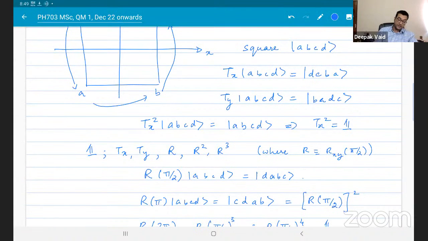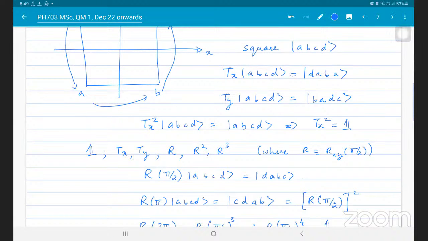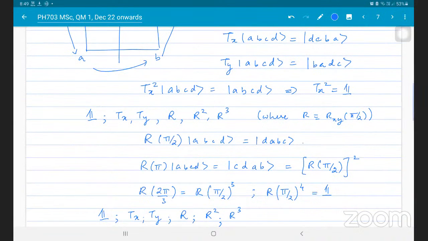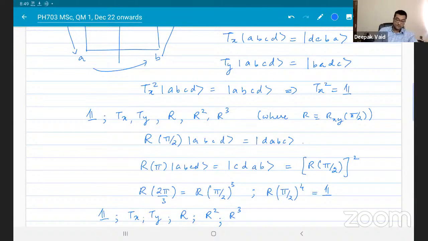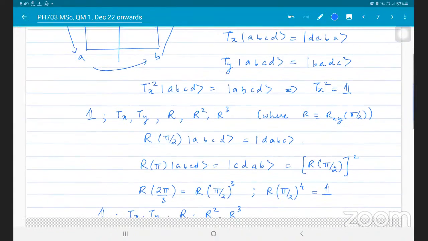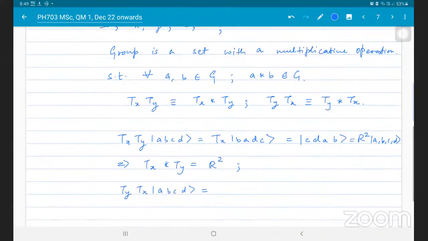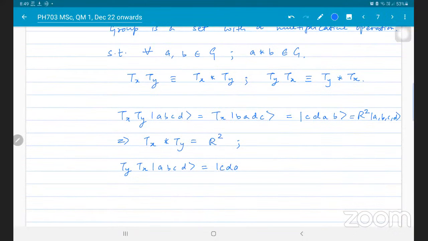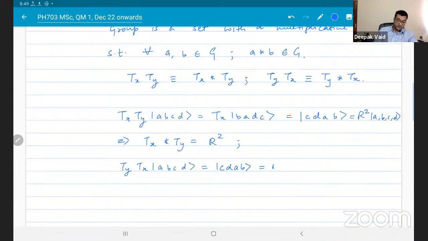Then you act with Ty on this state, right? So what is the answer? Okay, if somebody can work it out quickly. Same answer. CDAB. So same, right? CDAB, which is also equal to R squared. Okay.